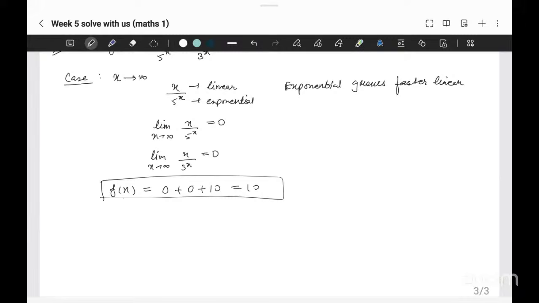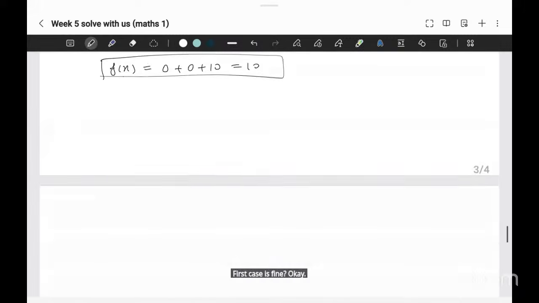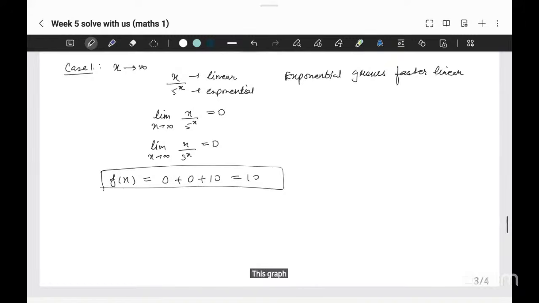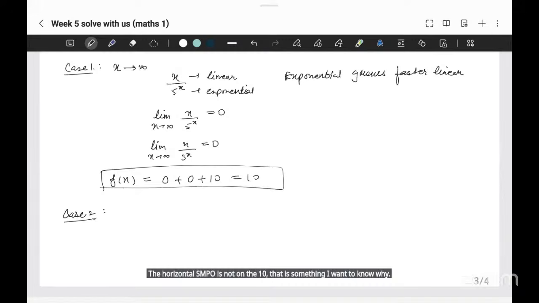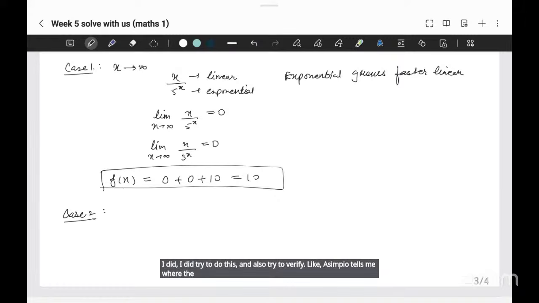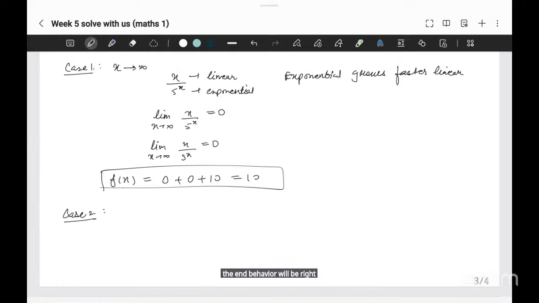That first case is fine, understood? Okay, ma'am, but the graph doesn't show a horizontal asymptote at 10. I want to know why. I tried to draw it and verify, since an asymptote tells me where the end behavior will be. It should go close to 10 but not reach 10, but this time it's actually crossing 10.